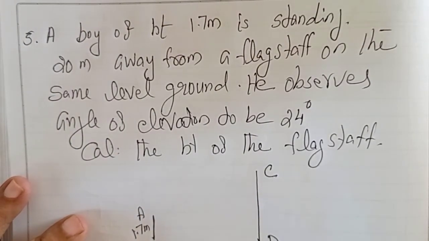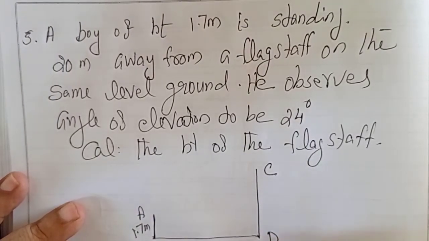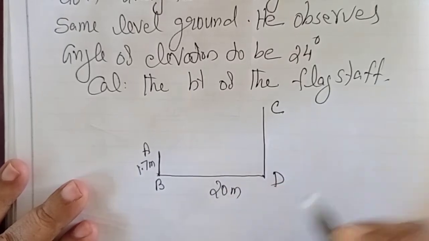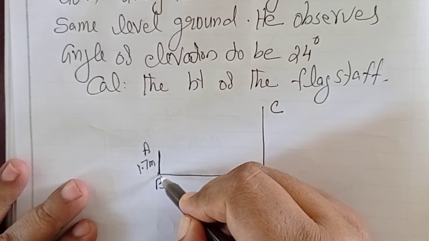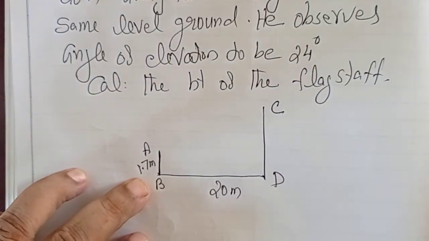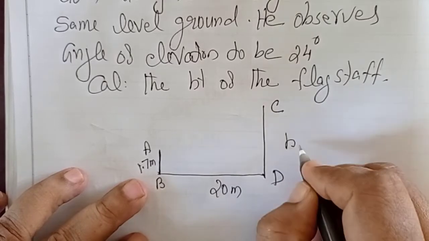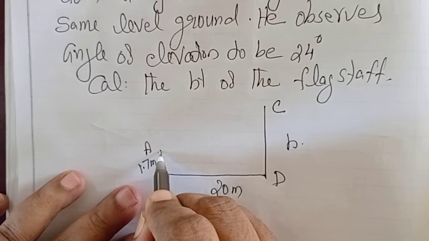He is standing 20 meter away from the flagstaff. Therefore, here the base is 20 meter. Then we can take the height as H. Here this is given.